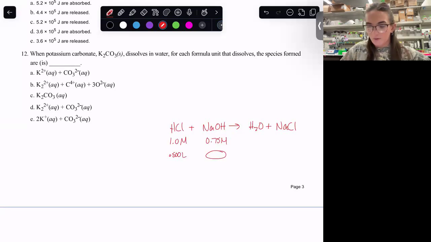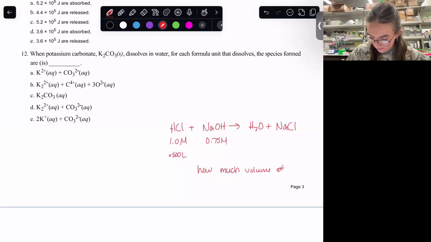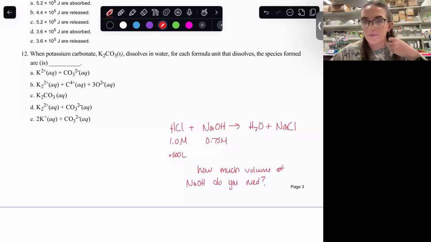Then how much volume of NaOH do you need? So that would be the type of thing there, where you're pretty much just using M1V1 is equal to M2V2 to find the equivalence point.